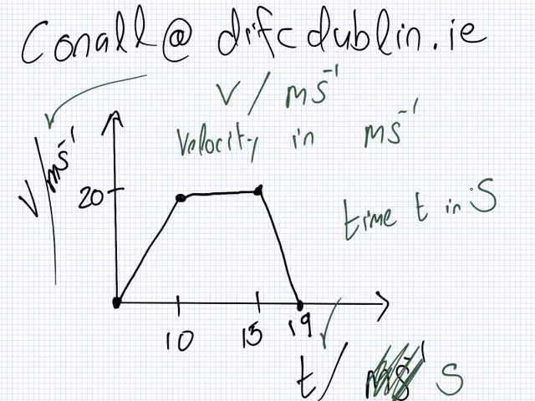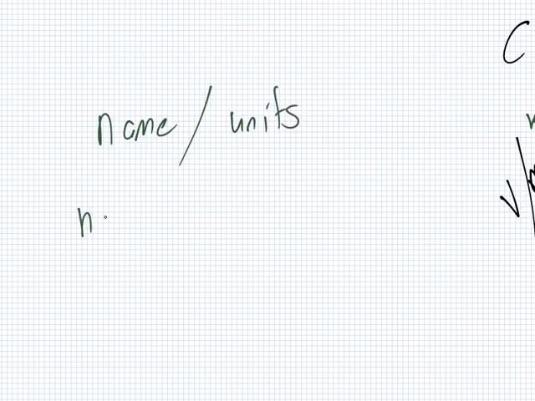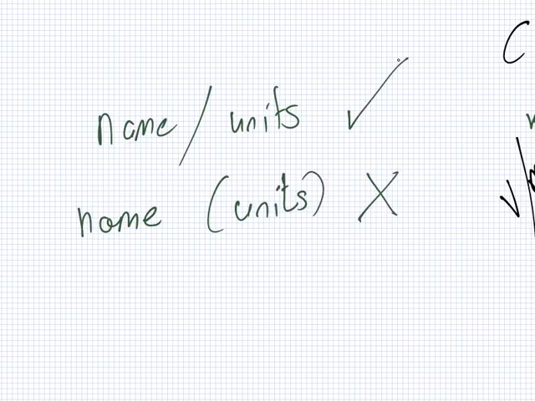So when you draw these graphs, the way to do them is name/units. Name bracket units is not the way we do it in physics. This is the way to write it.